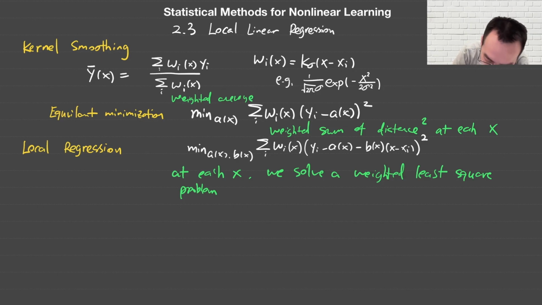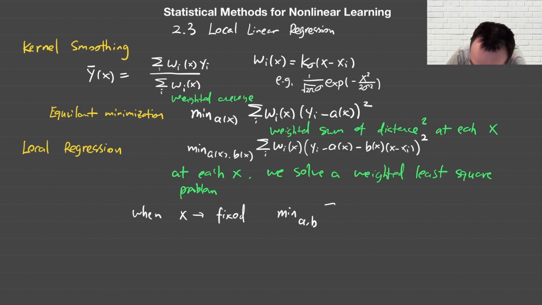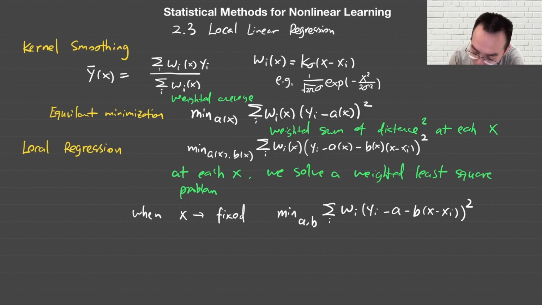Let me just write that down. When x is fixed, our objective becomes: minimize over a and b, the sum of w_i (y_i - a - b(x - x_i))^2. This equation shows that this regression problem is centered around x.